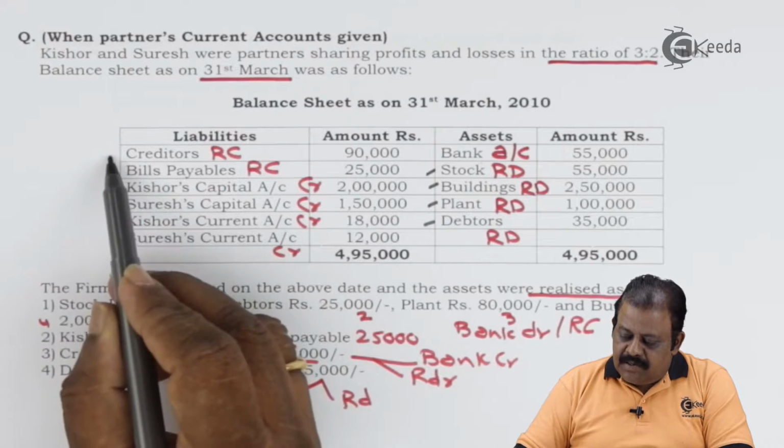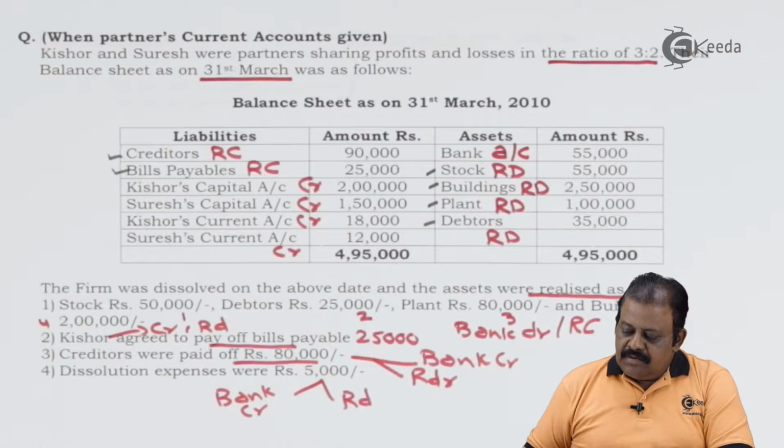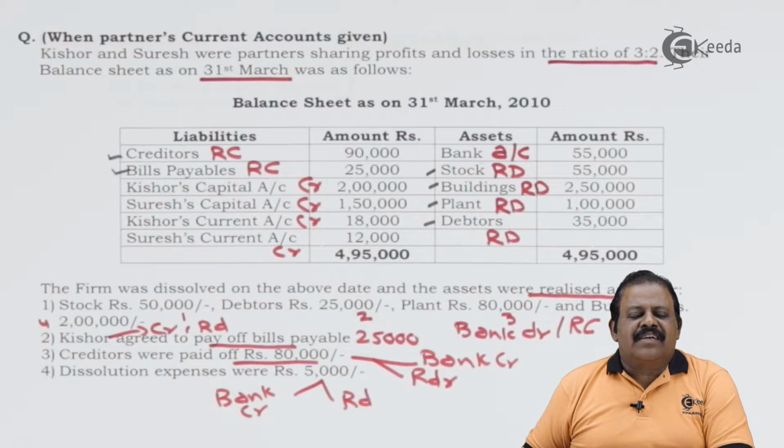Let us move to liability side. Creditors, bills payable. These two liabilities will be transferred to the realization account on credit side.